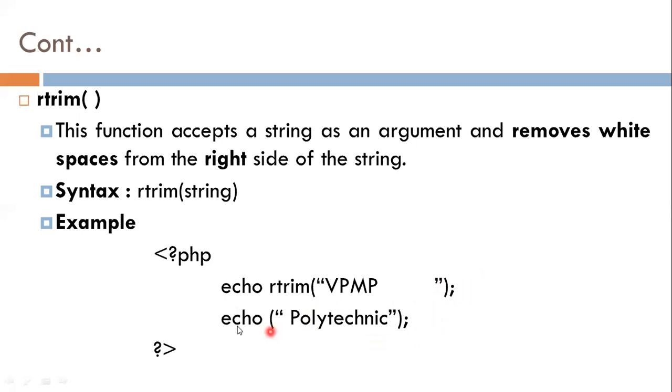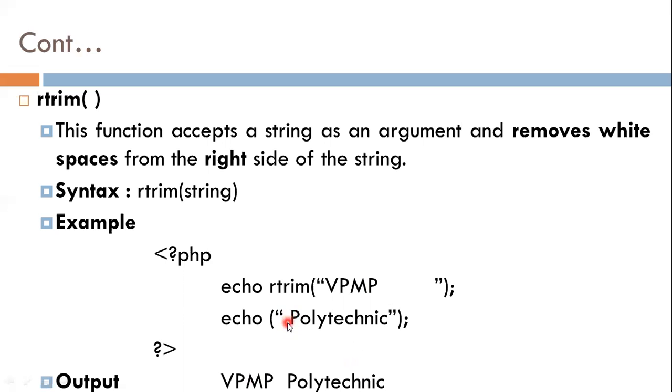And in the next statement, a second echo statement is used with polytechnic. So the output of these two echo statements is vpmp polytechnic. Means this white space is trimmed, removed from the string, and polytechnic is written just after the p.